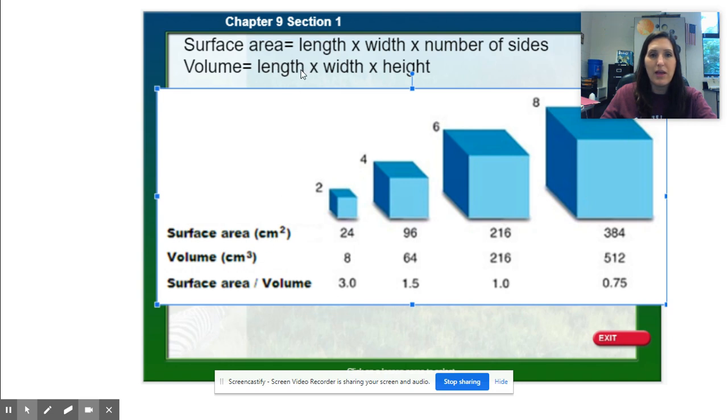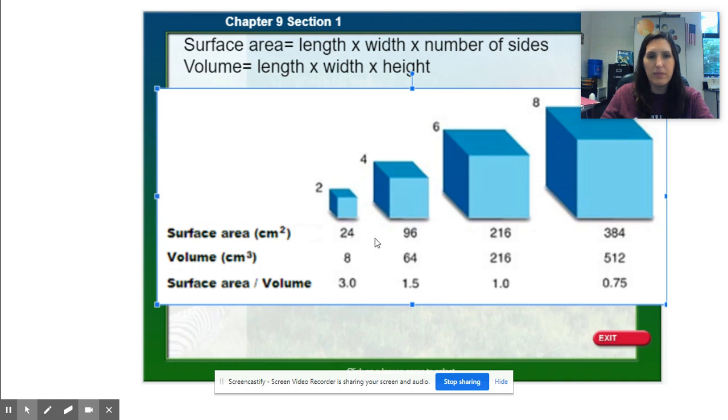The volume is length times width times height. So here our volume of our cell is 2 times 2 times 2, which is 8. And then a ratio is basically comparing one to the other. So we're comparing that surface to the volume. When we divide it, we get a big number of 3.